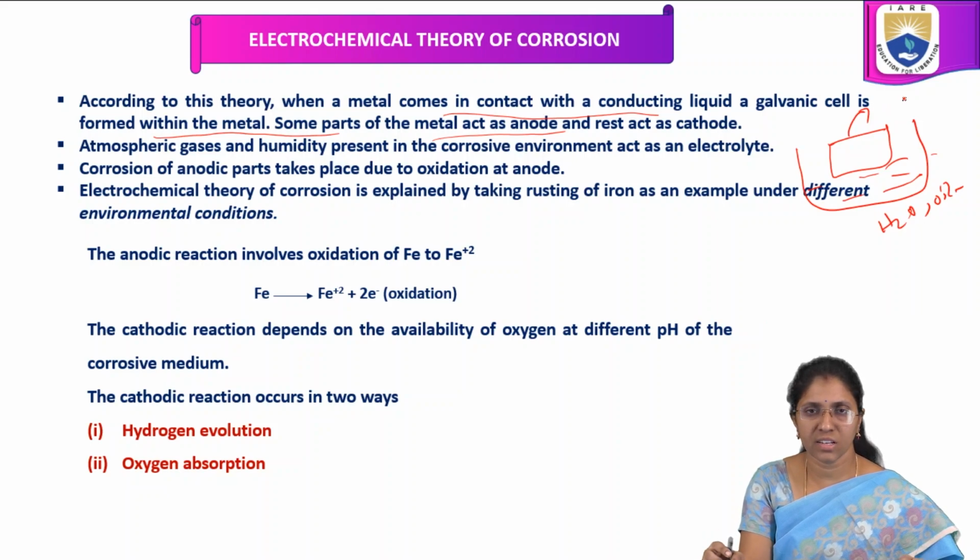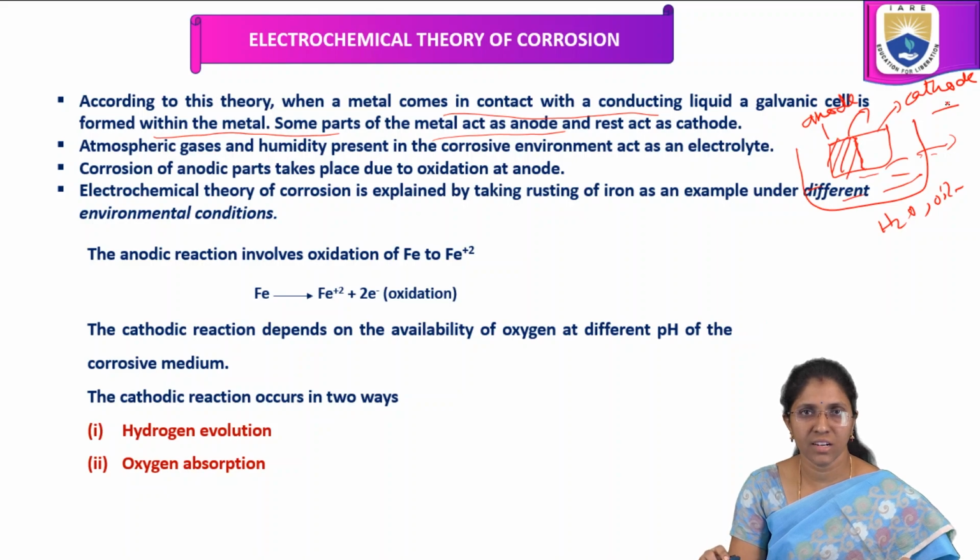In a galvanic cell we have anode, cathode and electrolyte. Here the conducting liquid acts as electrolyte, and in the metal some parts act as anode and other parts act as cathode. Because of that, this metal acts as a galvanic cell.